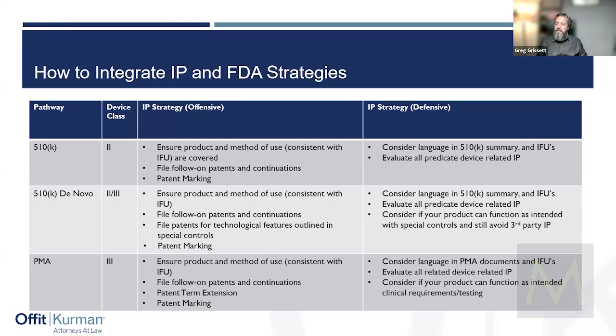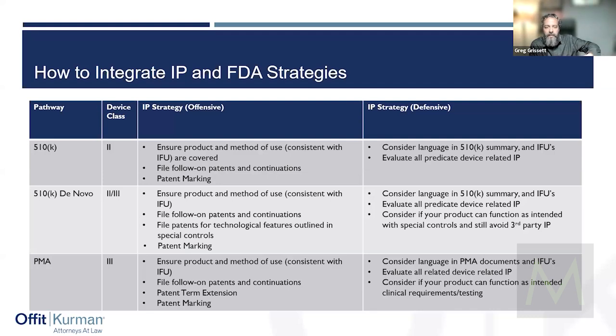So on the defensive side, and this is thinking about your competitors' products, let's look at the language in the 510(k) summary and the IFUs. Evaluate all of it. If somebody has a predicate device, it's not difficult to look at that predicate device and see what patents are being covered by it.